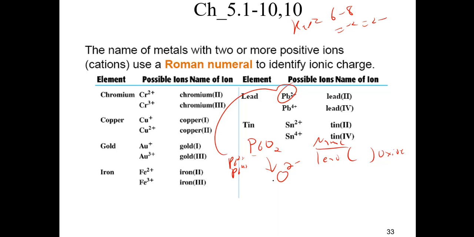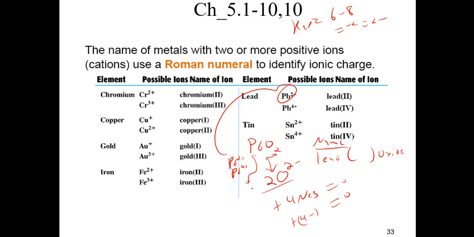Now that we figured out the charge on there, it's going to be 2 of the oxide anions. So we have to put a 2 here, and there's going to be a total of 4 negative, or a 4 minus charge. Now keep in mind that the positives and the negatives have to equal each other. So now we have to figure out lead.